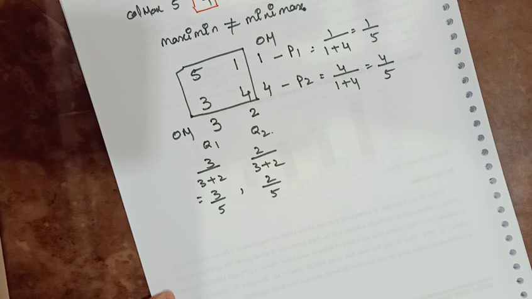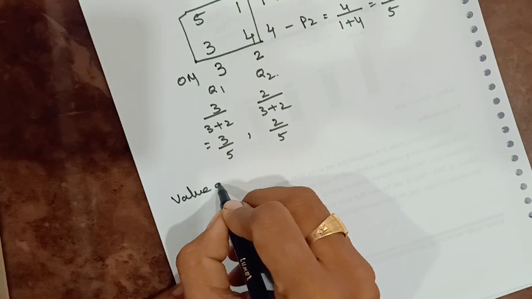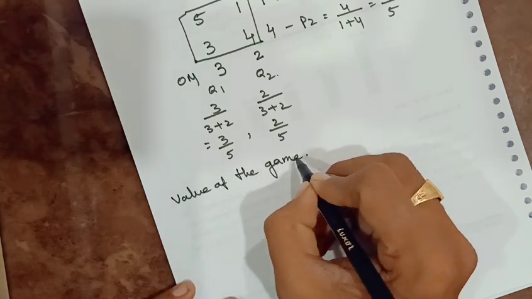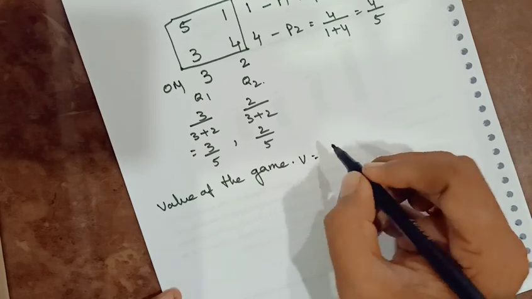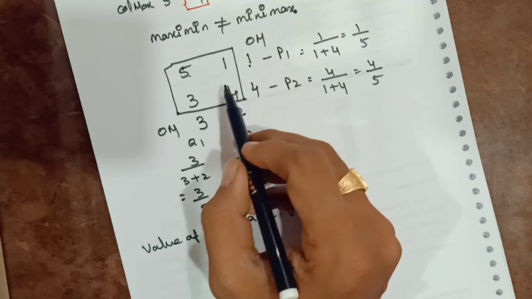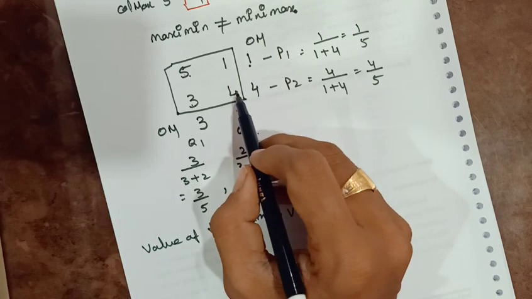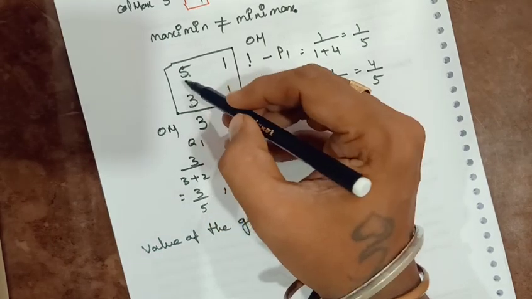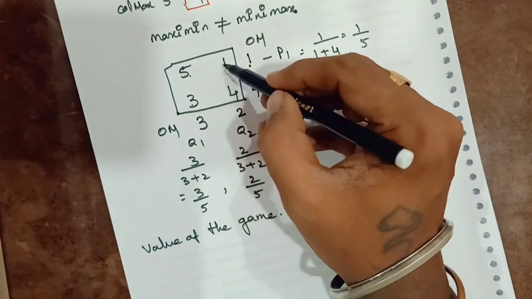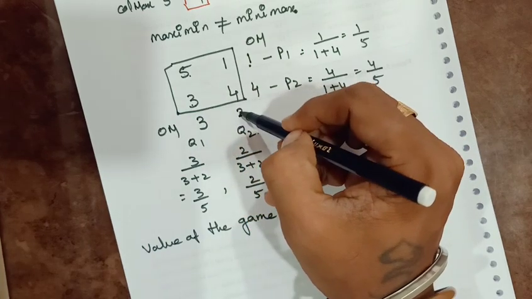So we need to find out the value of the game. The value of the game is 5 into 1 plus 3 into 4, or 1 into 1 plus 4 into 4, or 5 into 3 plus 1 into 2, or 3 into 3 plus 4 into 2.